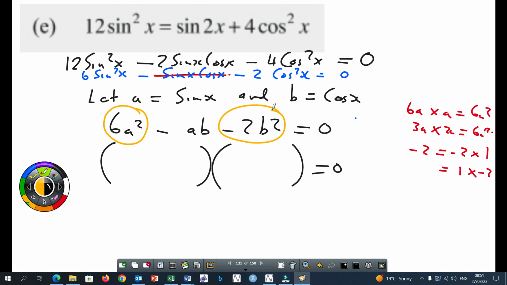Then here we look at the coefficient of b squared, which is minus 2. So minus 2 can be written as minus 2 times 1 or 1 times what? Minus 2. What's the coefficient of ab there? Minus 1. So we need to find the correct combination of factors of the first term, that is any of these two.